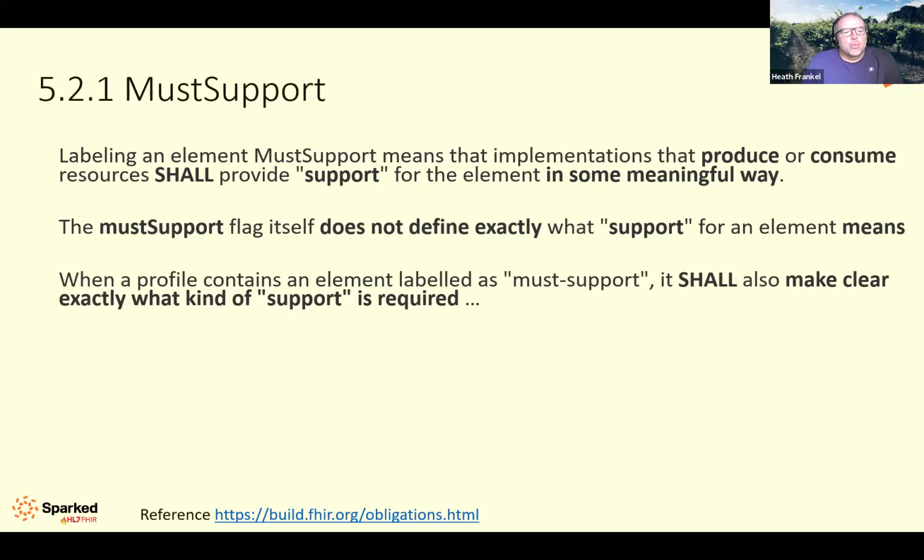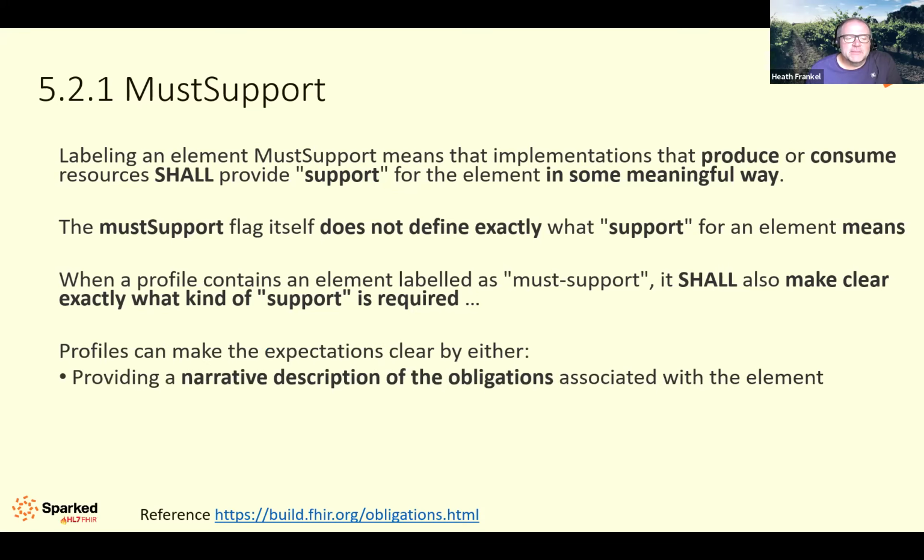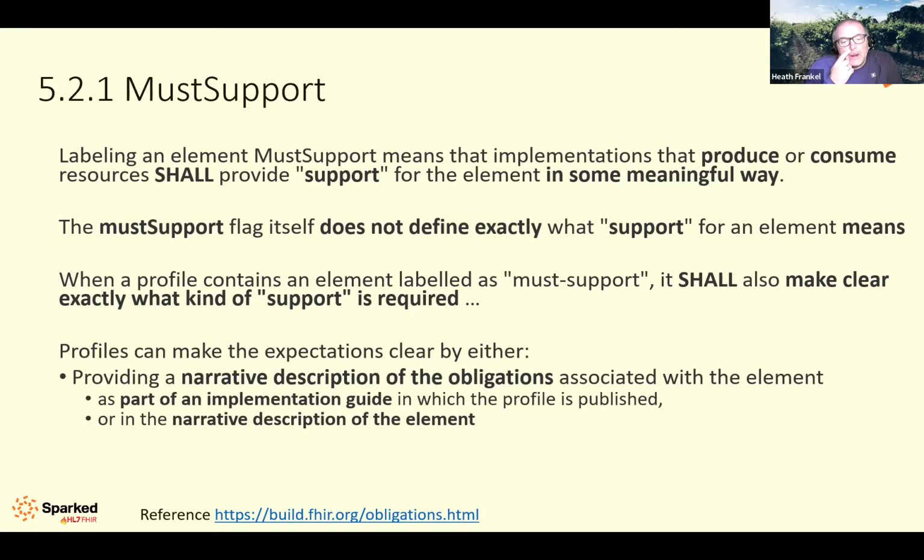And when a profile contains an element labeled as must support, it shall also make clear exactly what kind of support is required. And we do that in a couple of ways, by providing a narrative description of the obligations, as we actually have done in AU Core. Alternatively, we can also provide a narrative description within the element itself.